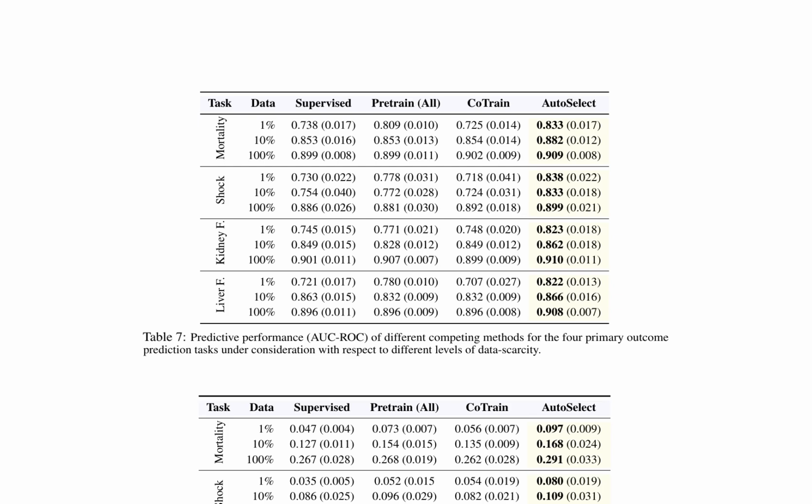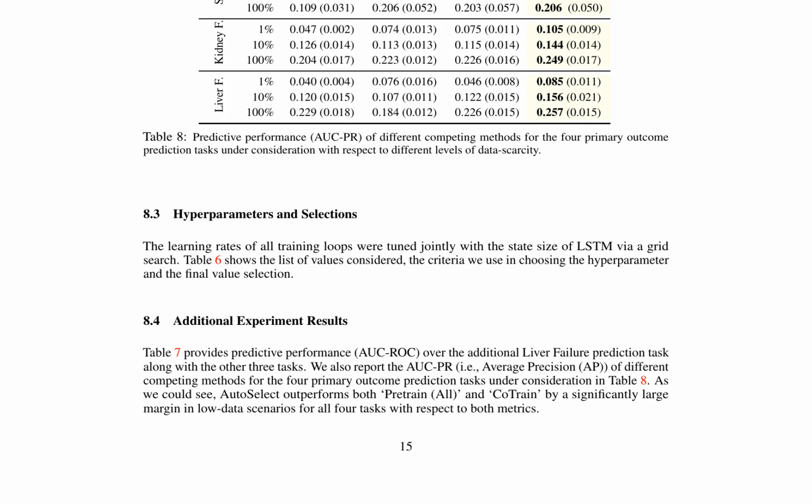To address the challenge of limited data availability, the authors propose a novel method called auto-select, which leverages auxiliary tasks related to physiological time series data to improve predictive performance in low data scenarios. The proposed approach is compared against 2 baseline methods, pretrain, AL, and cotrain using 2 evaluation metrics, AUROC and AUCPR.